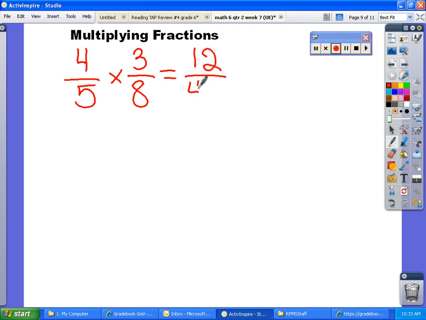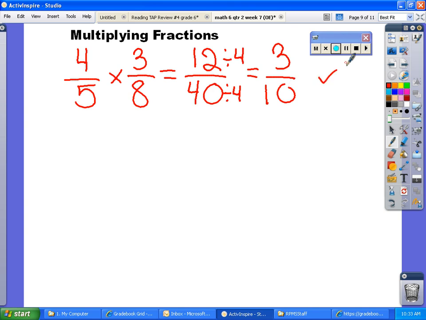Now right away I can tell that I can reduce this fraction because 12 and 40 are even numbers. But let's see if I can find a larger number than 2 to divide by. I'm going to divide both the top and bottom numbers by 4. So 12 divided by 4 is 3. 40 divided by 4 is 10. And I cannot reduce that anymore, so 3/10 is my answer.